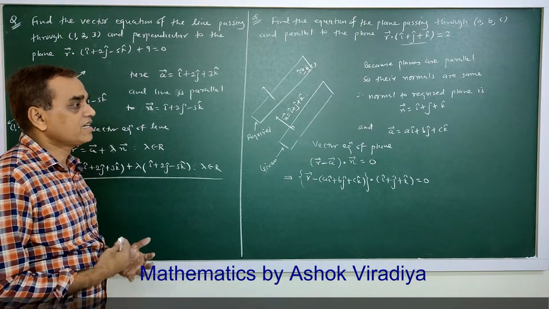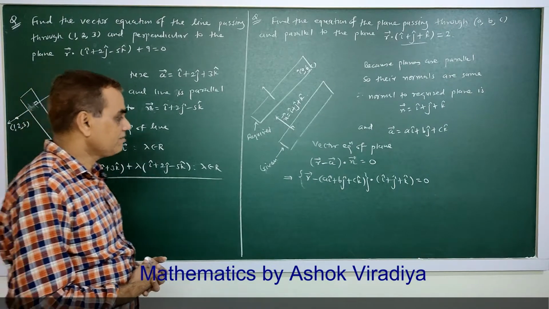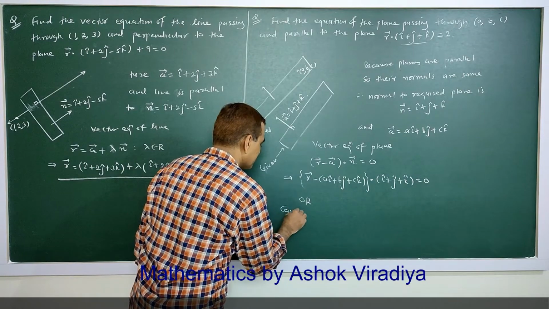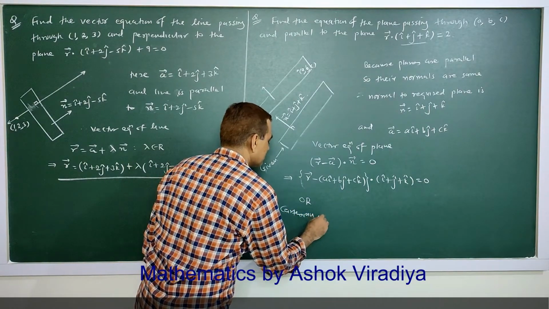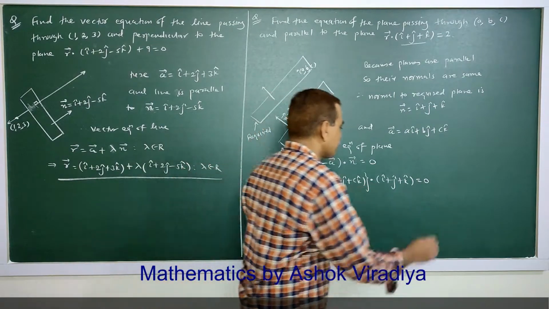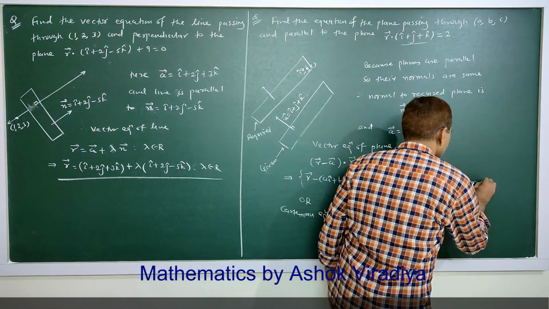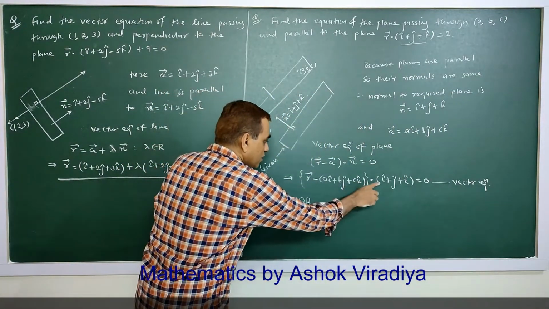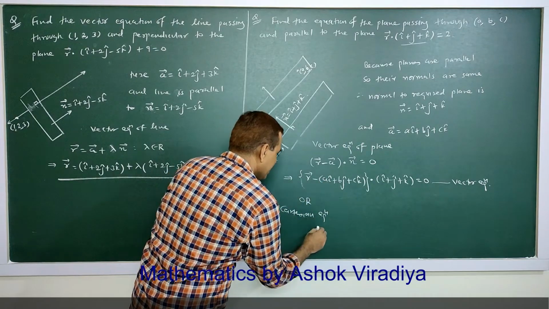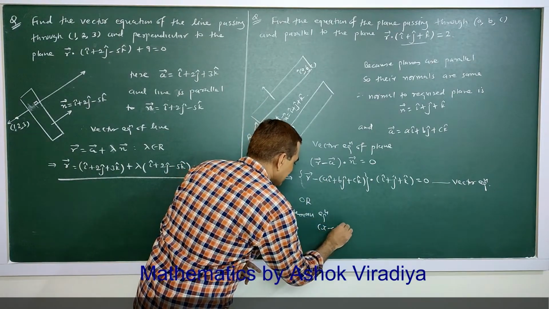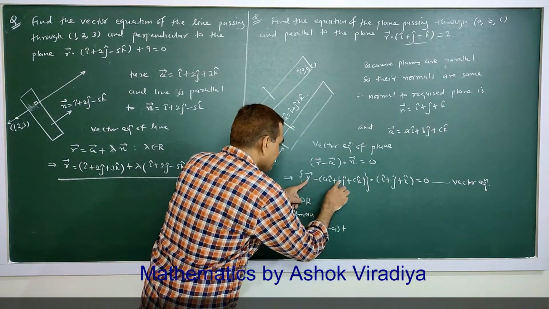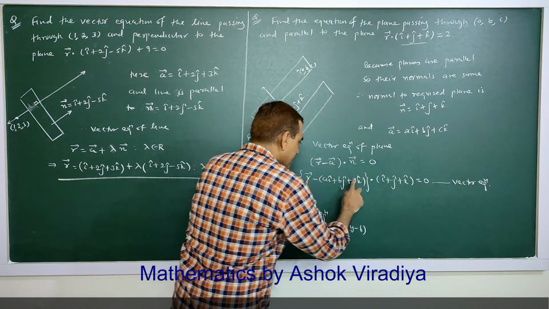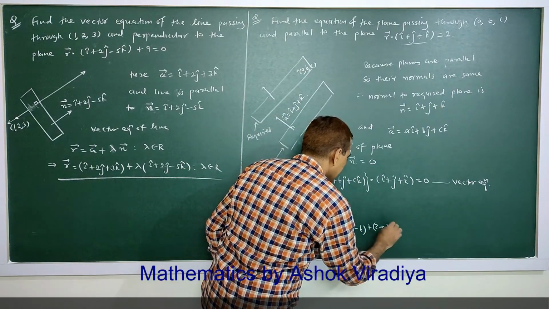We can also find its Cartesian form. This can be converted into Cartesian form. This was the vector equation. So the Cartesian equation is 1 into (x minus a) plus 1 into (y minus b) plus 1 into (z minus c) equal to 0.